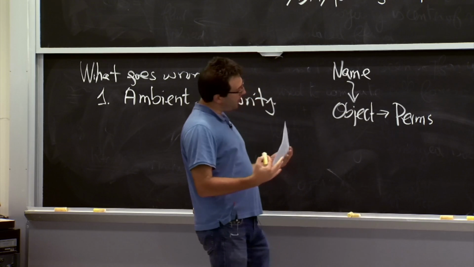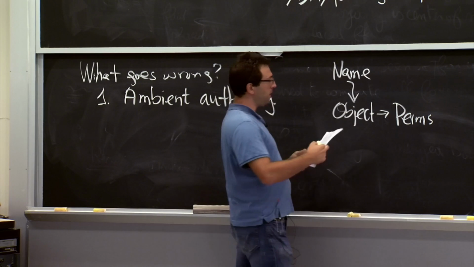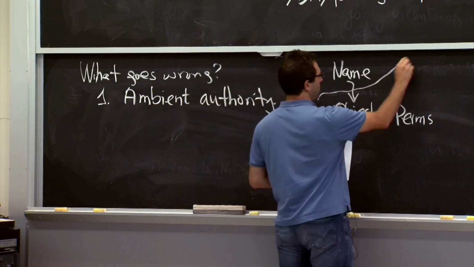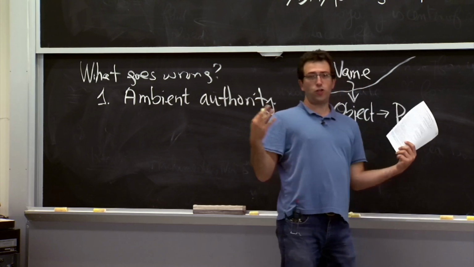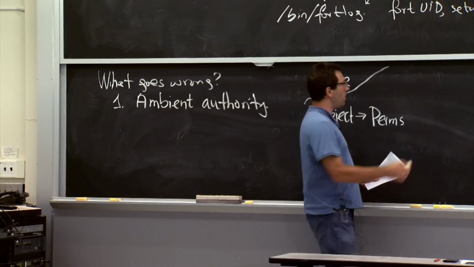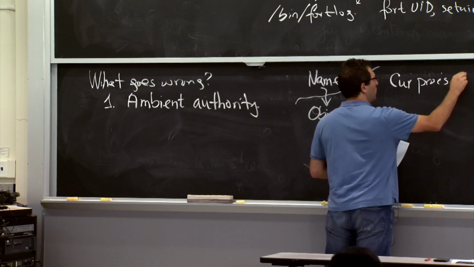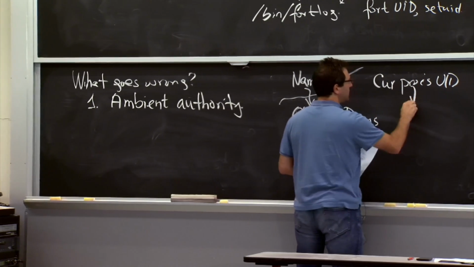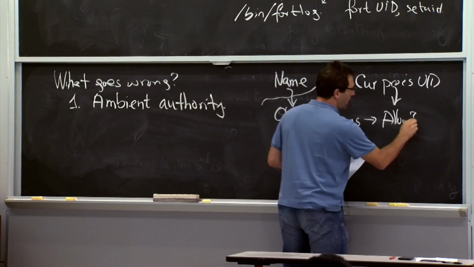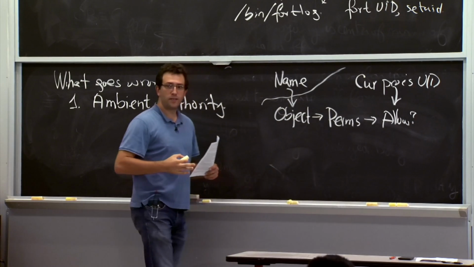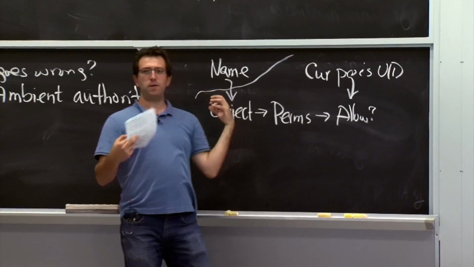So there are some permissions that you can get from the object. And then to decide whether an operation is going to be allowed on this name that the application supplied, this is what the application gets to see. Inside of the kernel, there's also the current user ID of the process making the call. So this is the current proc's UID. And this thing goes into this decision of whether to allow a particular operation or not. So it's this current process user ID that's this ambient privilege.